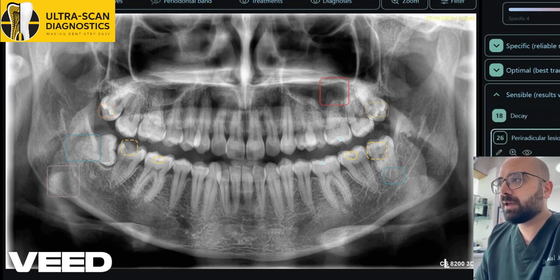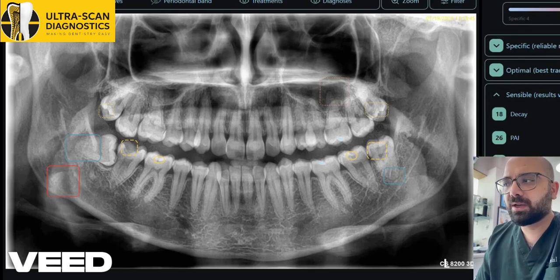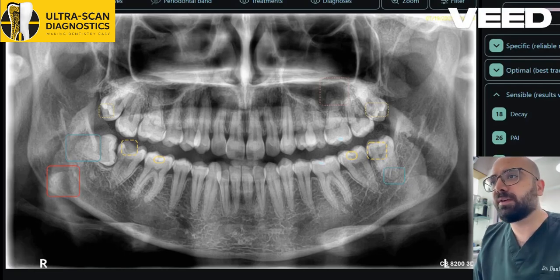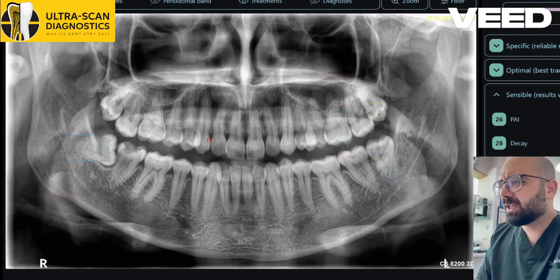We've got decay in the upper right 8. We've got a sinus problem in the upper left 6. Then we've got decay in the upper left 8. It says a right angle cyst, so we'll actually have a look at what this is on the CBCT.